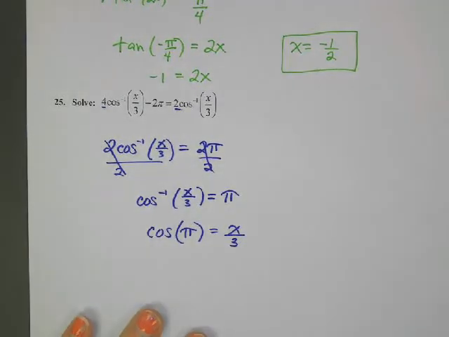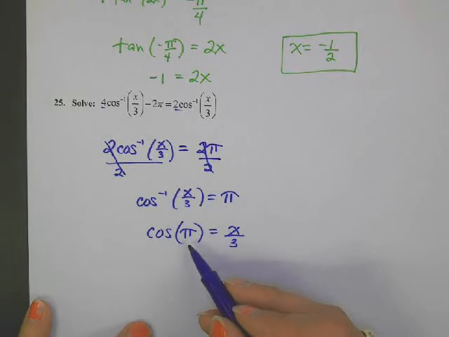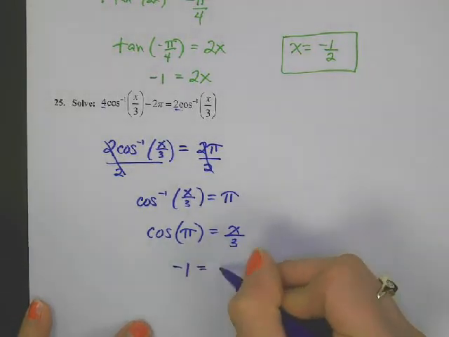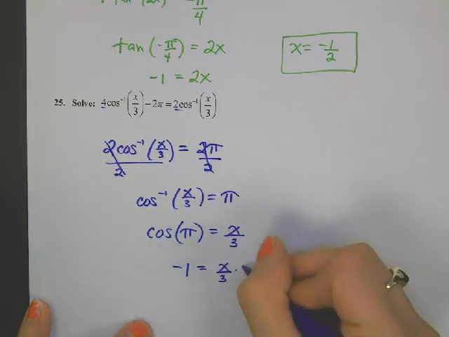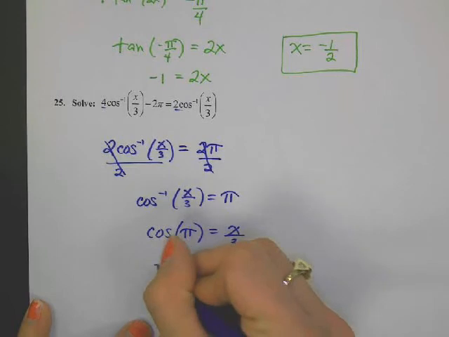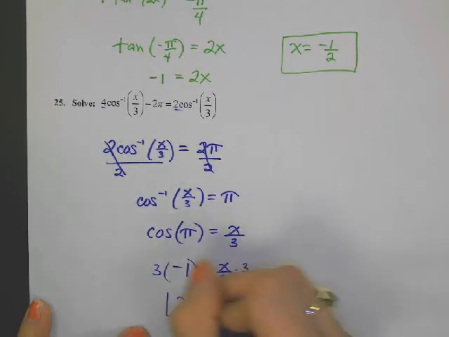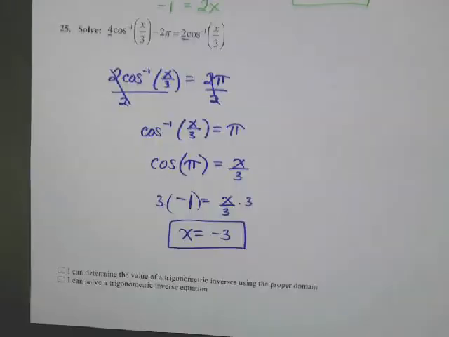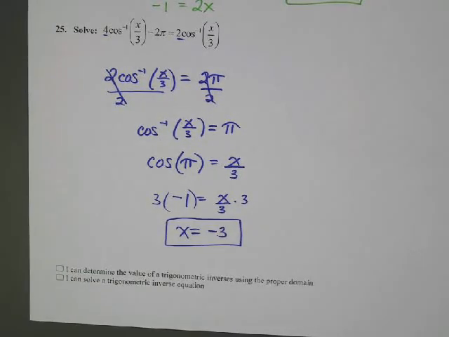Cosine of pi is negative 1 equals x over 3. We'll just multiply both sides by 3, and x equals negative 3. Okay, so hopefully you're getting better at inverses, and you can state those proper domains, and hopefully you can solve an inverse trig equation.